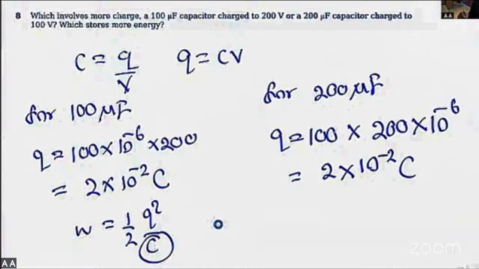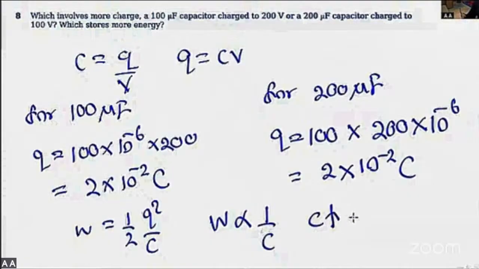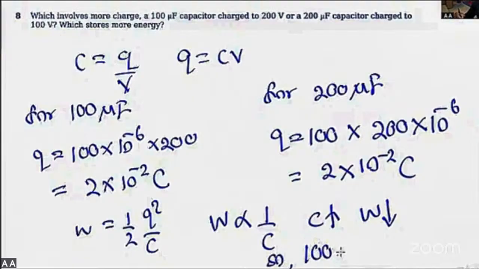Then energy is inversely proportional to C. The greater the C, the lower the W. Greater capacitance means 200 microfarad, so the 200 microfarad has lower energy. Then the 100 microfarad has more energy.